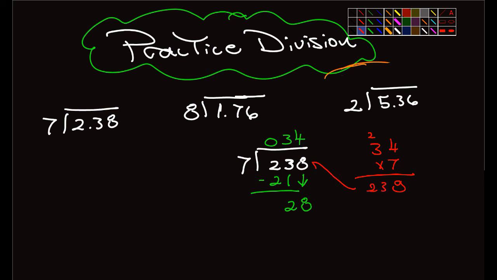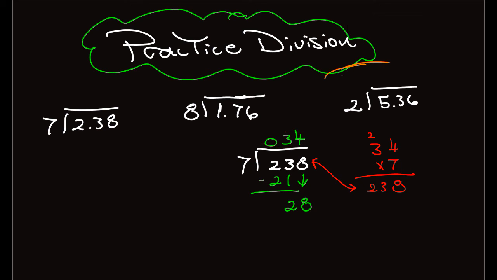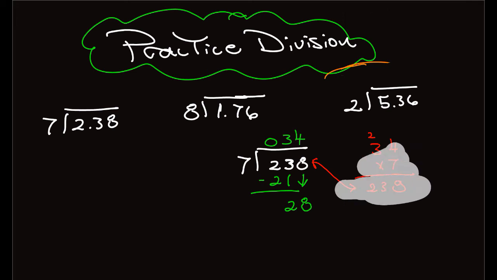What do you notice? It's the exact same thing. So if you multiply what you're dividing by and your answer, if you did it correctly, you'll get what I call it inside the house. Okay. So anyways, there's that one done for you.